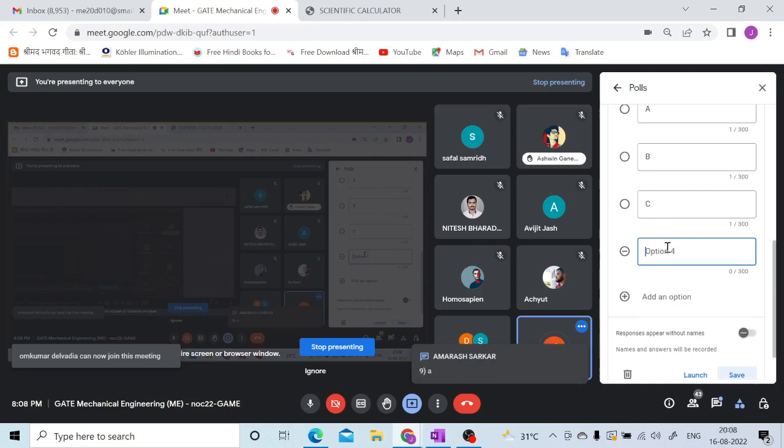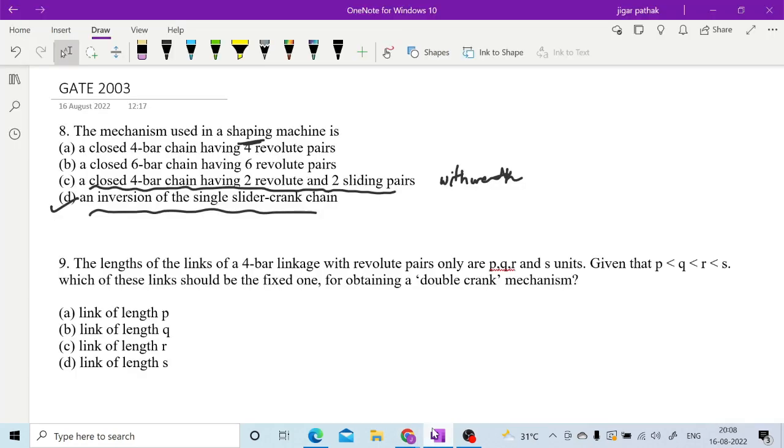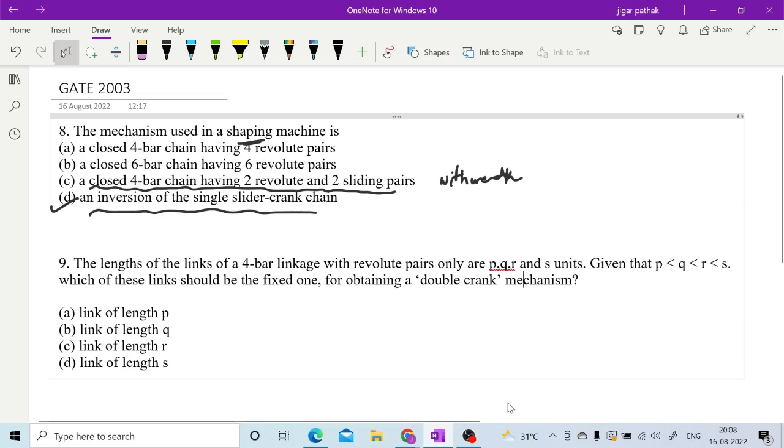Can you see it on your screen now, everyone? Yes, sir, it is visible. Okay, now we can answer for that one. It is very simple, I guess. Quickly you can answer it, and I should end the poll. It will not take that much time.